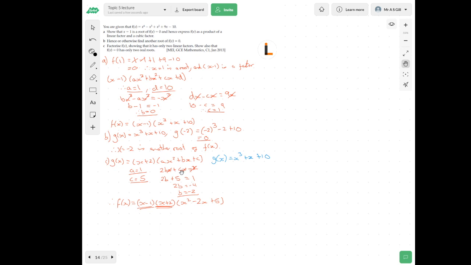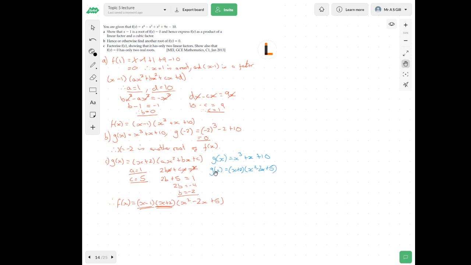So we get 2bx plus cx is equal to 1x, and we rearrange to work out b. So then g of x is equal to x plus 2 times x squared minus 2x plus 5.